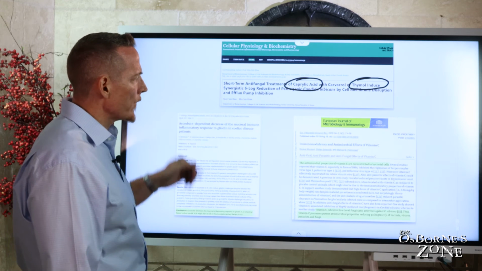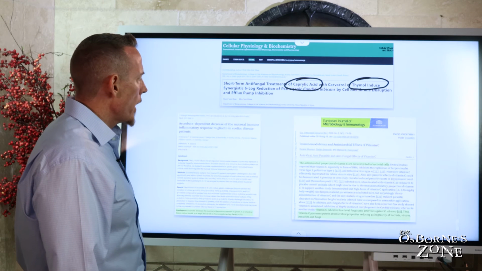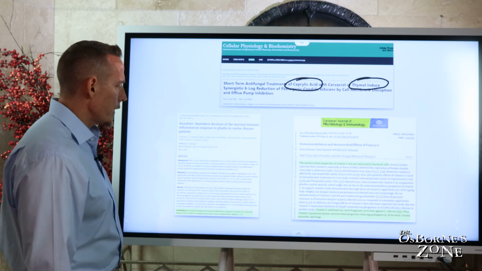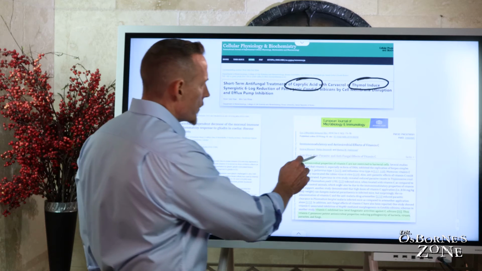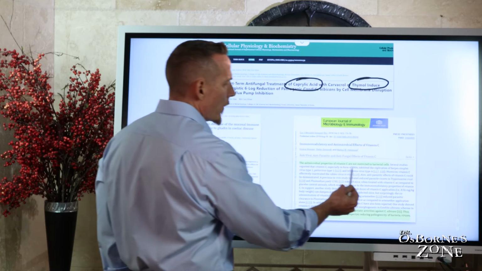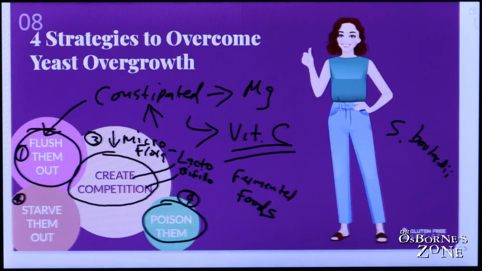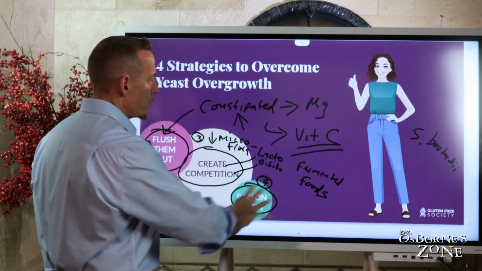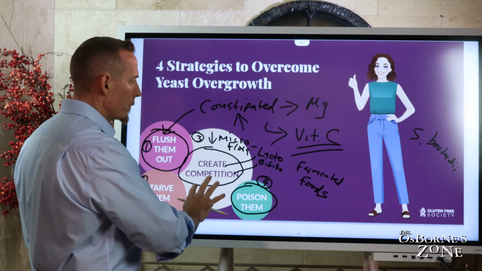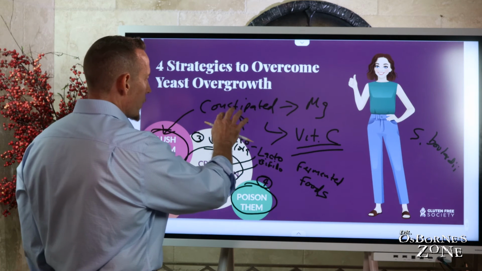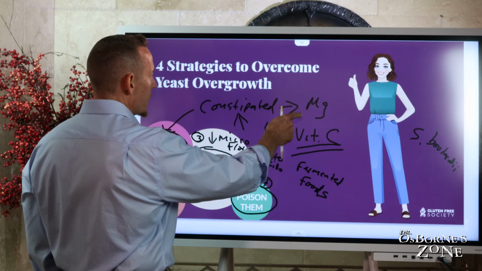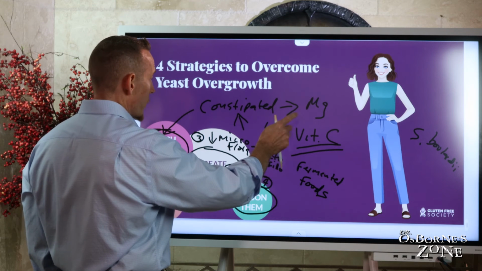I was talking about vitamin C earlier, and wanted to point a couple of things out. In this study, you can see here the antimicrobial properties of vitamin C. One of the reasons why I said earlier I really like vitamin C over magnesium in this situation, if you're trying to support your body with supplements to overcome this, is because magnesium is great. Again, it pulls water into the bowel and it works great.